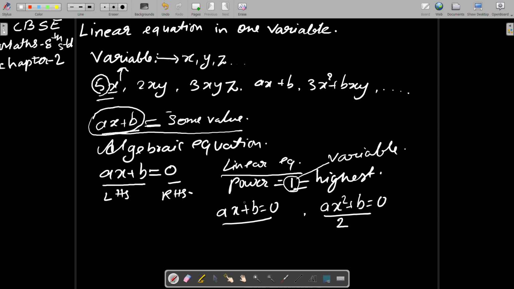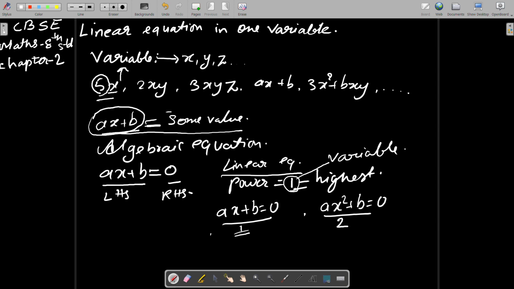So the highest power of the equation here is 1. The definition says that whenever the highest power of a particular variable is 1, then that equation is called a linear equation, and if one variable is associated in the equation, then that becomes your linear equation with one variable.